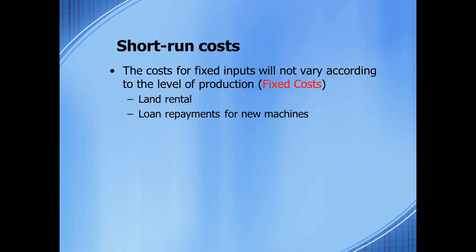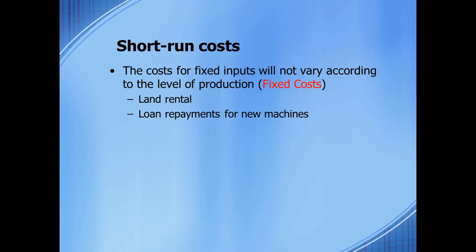If we think about short run costs, there are two types of these. First, the cost for fixed inputs, which will not vary according to the level of production: fixed costs, such as land rental and loan repayments for new machinery. Remember, the short run is defined as a period of time when at least one of our inputs is fixed and can't be changed.